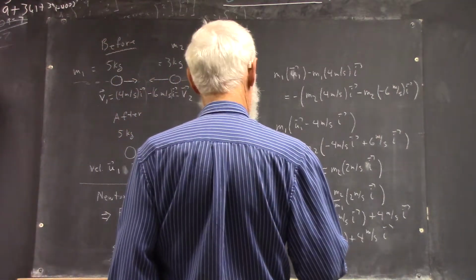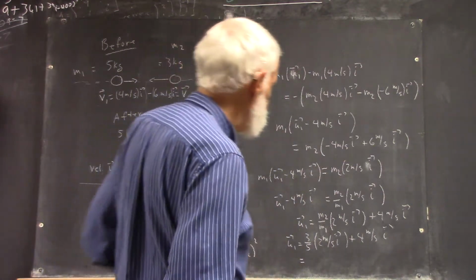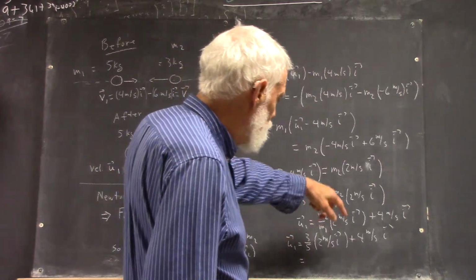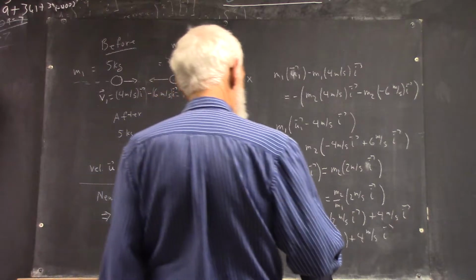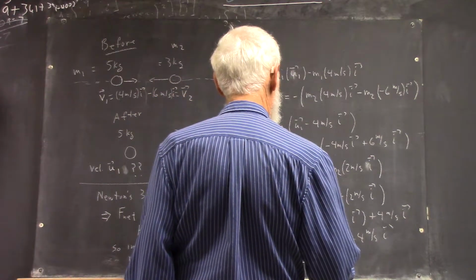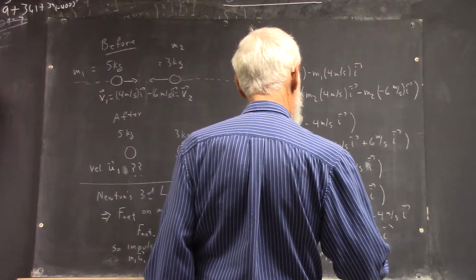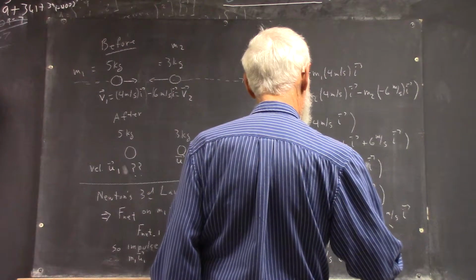And we can see that this is going to be 6/5 plus 4. That's going to be, well, let's say 1.2 meters per second times I plus 4 meters per second times I.